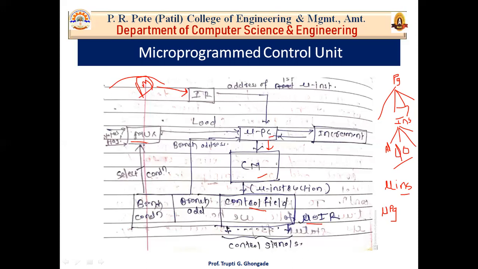The multiplexer will check that input and tell whether we want to load the branch address, which happens when the condition is true. If the condition is false, no loading of the branch address will happen. Just increment the microprogram counter in a sequential manner and your program will go on sequentially. So this is the modern implementation of the microprogram control unit.